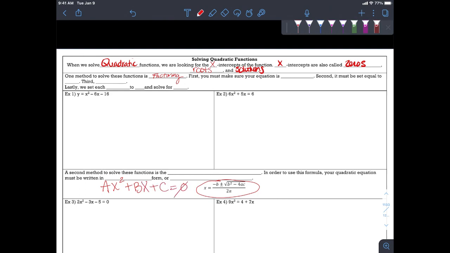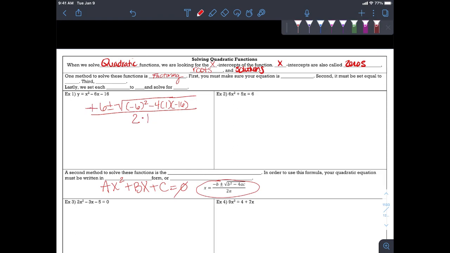It's got to be equal to 0 or a y or an f of x, okay? Everything's got to be on one side, always. The reason is, this means that y is equal to 0, where my x-intercepts are, okay? And I just use this formula over and over. So negative b plus or minus the square root of b squared minus 4 times a times c, all divided by 2a.